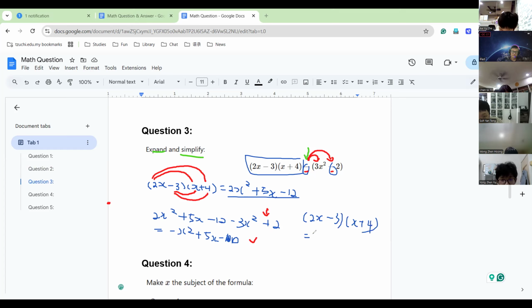So like 2x squared because here times 2x plus x, and then plus 8x as this one 4 times 2x, and then minus 3x which is from here, and then minus 12. Then plus 8x minus 3x will become plus 5x.